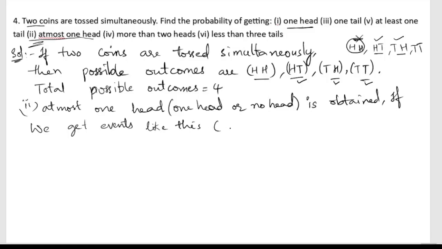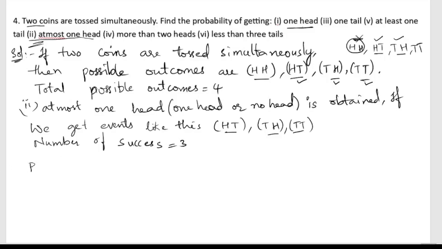The events will be heads, tails, or tails, heads, then next tails, tails. In this we can see that the total number of successes is 3. So the number of successes is equal to 3.